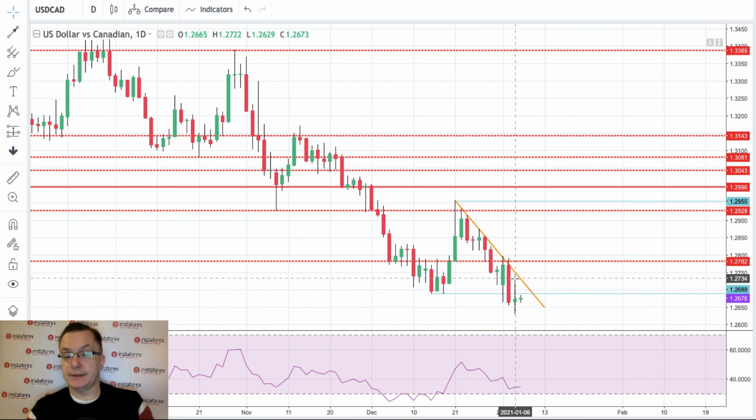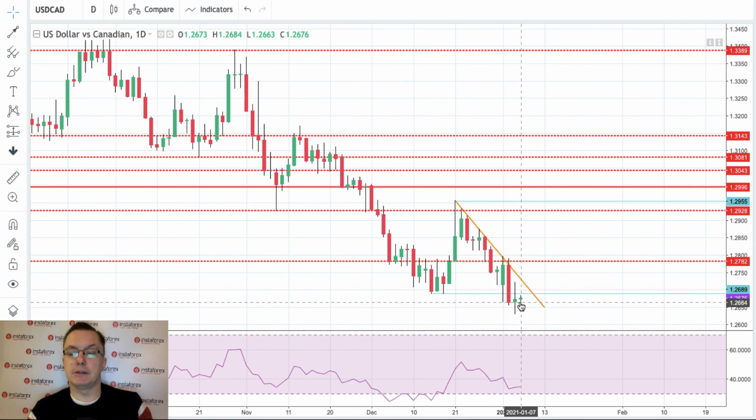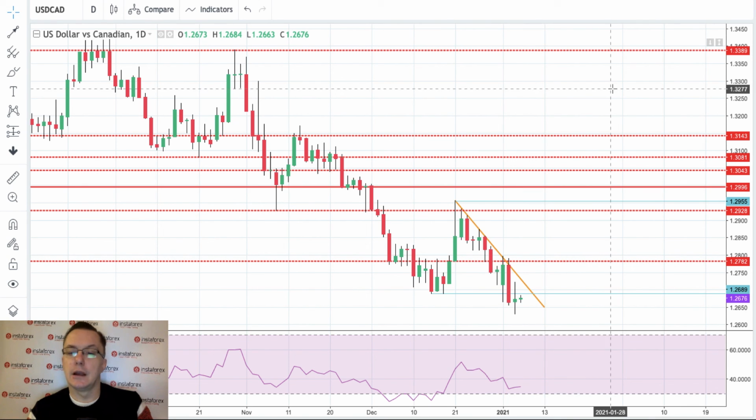So please keep an eye on this market. We keep getting lower, but the momentum is not accelerating. There's no bigger momentum on the US to the Canadian dollar. We might be just making some ground for a short-term low on the US dollar to Canadian dollar market.